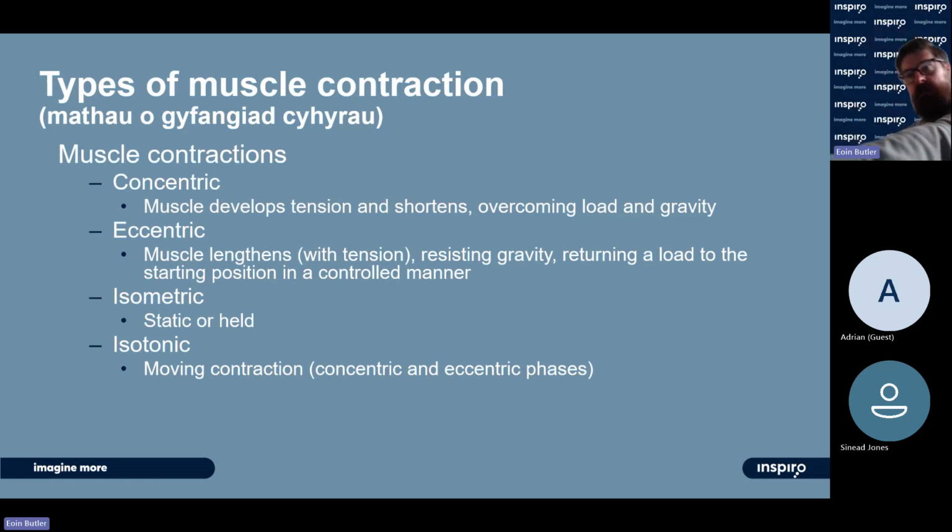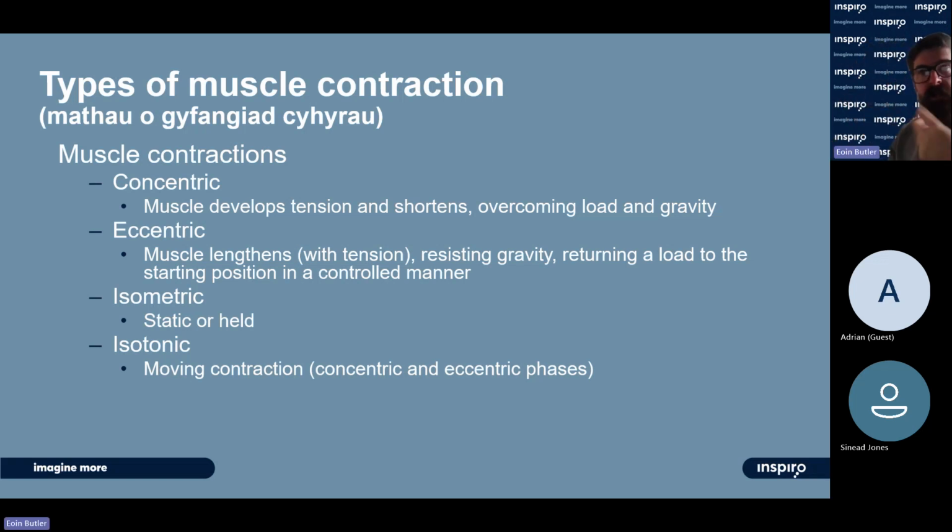If I'm doing a bicep curl, I might have a dumbbell in my hand, so I'm overcoming the load and I'm overcoming gravity trying to pull it back down to the floor. So concentric contraction with a weight is where the muscle develops tension, it shortens, overcoming the load, as in being able to lift the load and to stop gravity from pulling it back down to the floor.